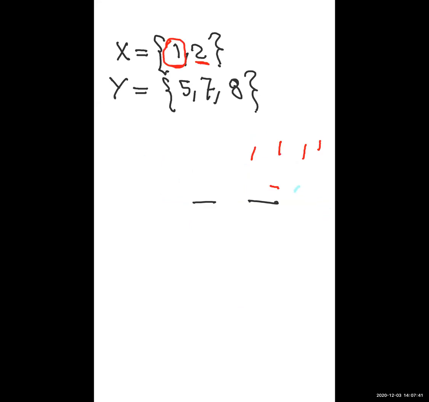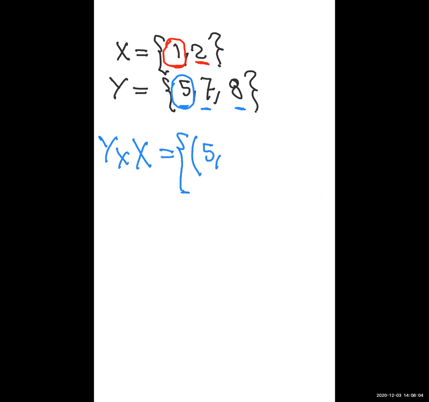Now, guys, I want to get y cross x. So in this case, I have to start with the elements of y. Okay, so y cross x will equal the set of the elements of y, which are 5 and 7 and 8. So I have to start with 5. Then the first pair will be 5 and 1.